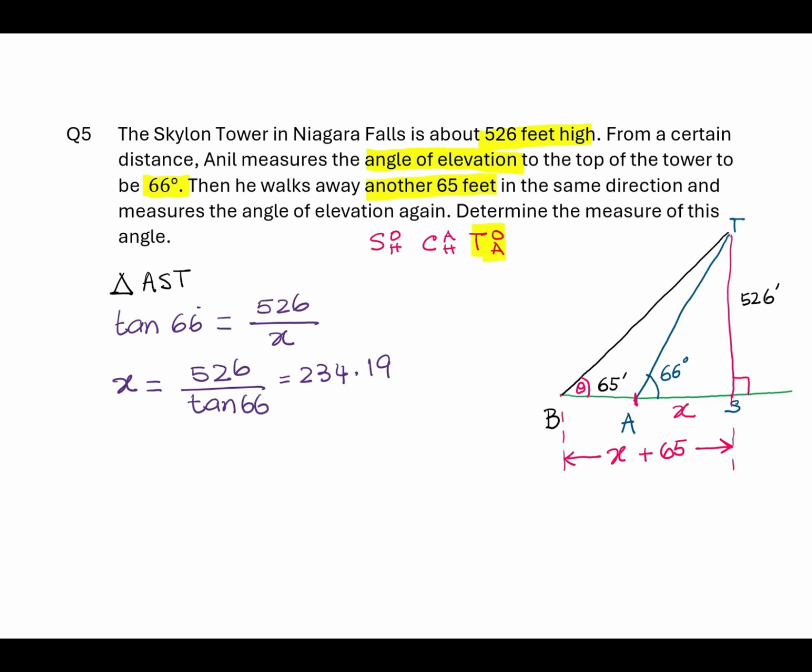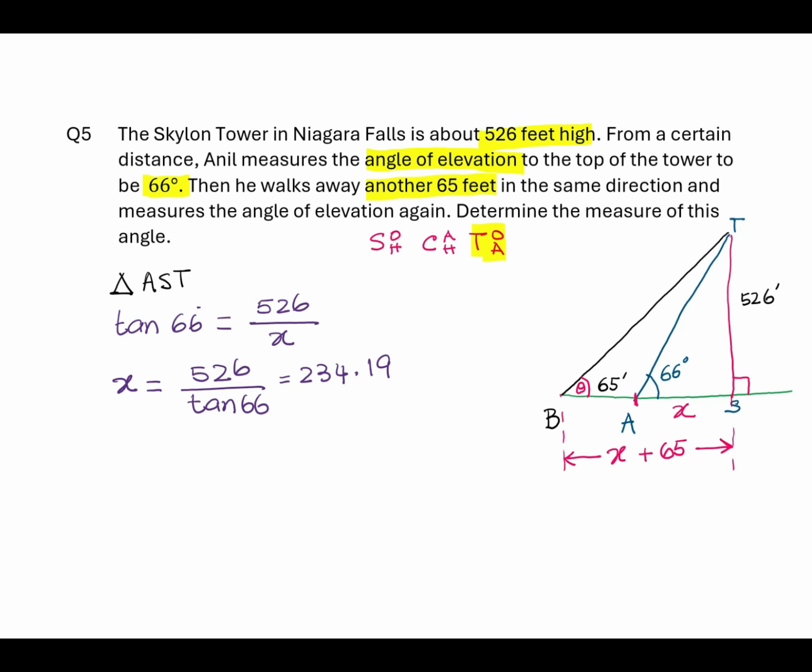Now in this triangle again, we are looking at two things, which are the opposite and adjacent sides with reference to the angle of elevation theta, which we need to find. So now we can write down tan theta is equal to the opposite side, which is 526, over the adjacent, which is 299.19.